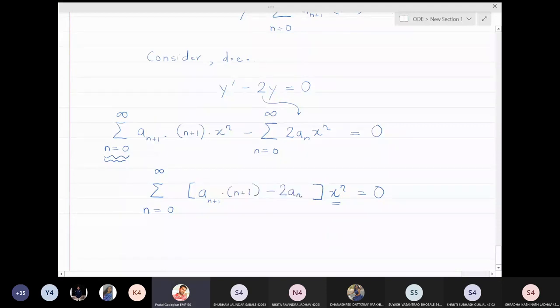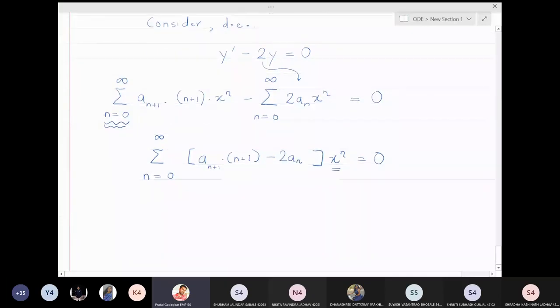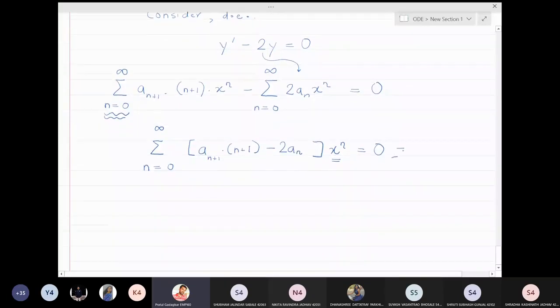On the right hand side we have a 0 power series, so it is equal to summation n going from 0 to infinity 0 into x raised to n. So now I will compare the coefficients. If I compare the coefficients, what will I get?